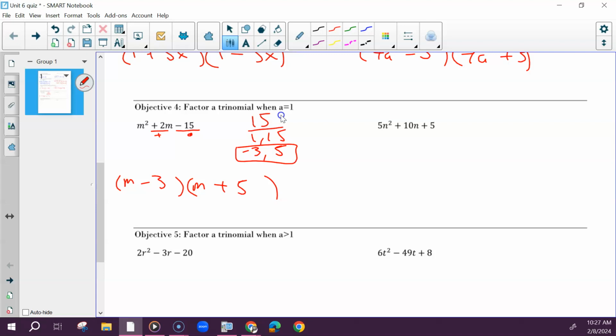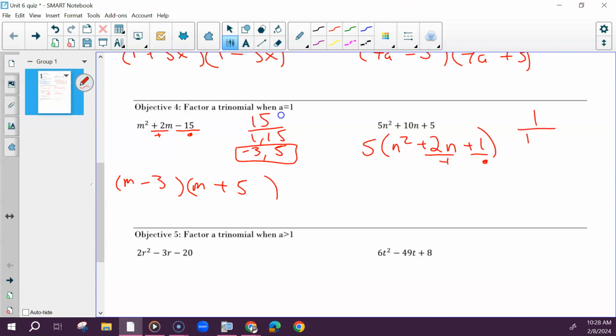This next one, if it's in this section and it has a number that's not 1, it has a GCF. So factor that out. It's usually whatever this is, so divide them all by 5. And then the process is the same. You're looking for two numbers that multiply to be 1, but add or subtract to be 2.